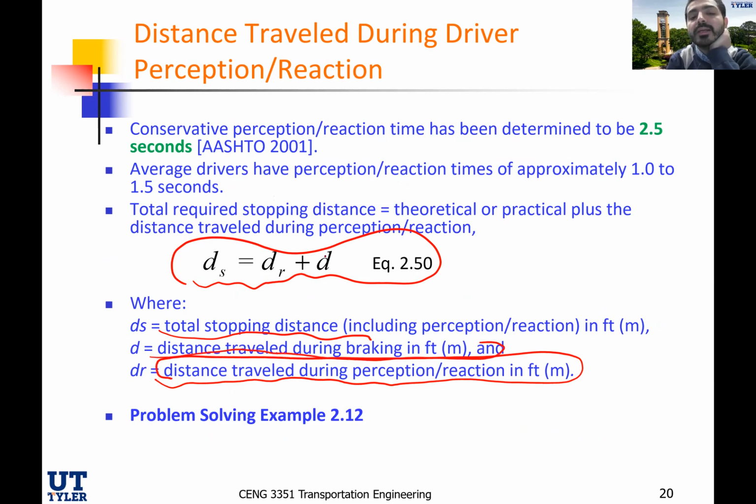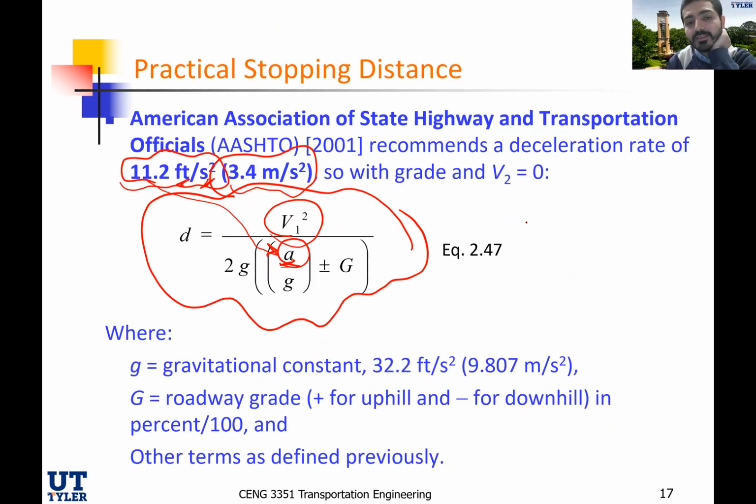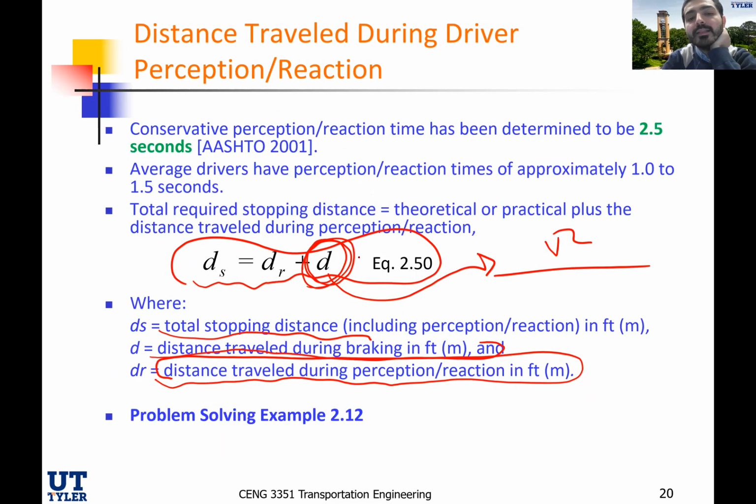Once you push on the brake, you're not going to stop right away. You're going to be driving some distance, and that's the d. So this d is the v1 squared over 2g times a over g plus or minus G, while the DR is the original speed, v1, times TR, which is typically 2.5 seconds, unless mentioned otherwise.